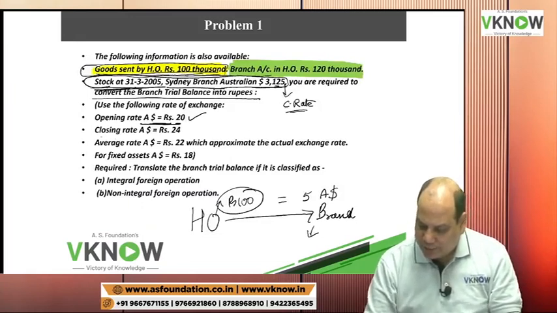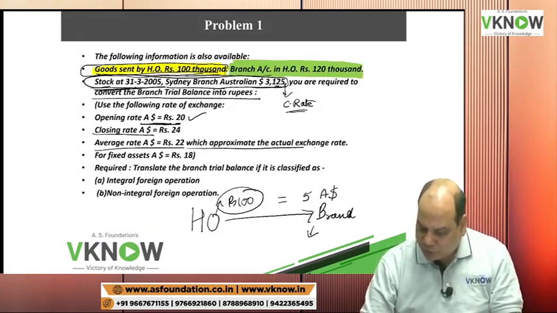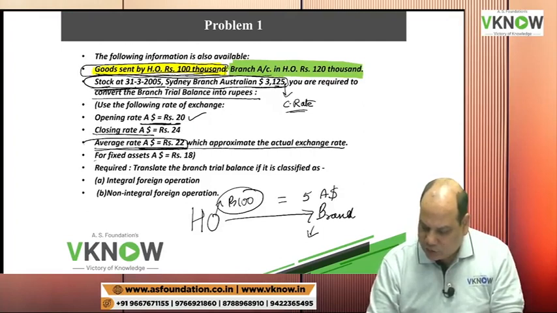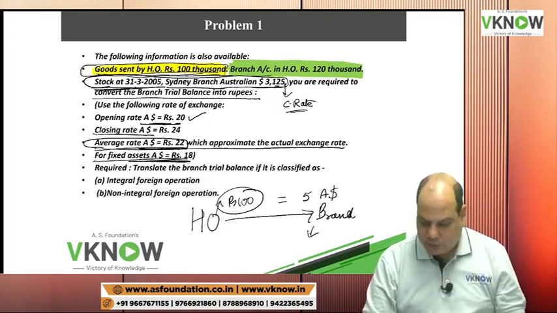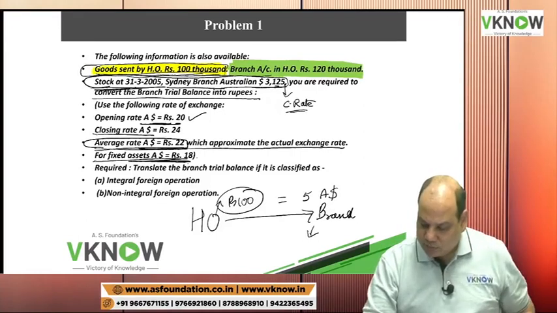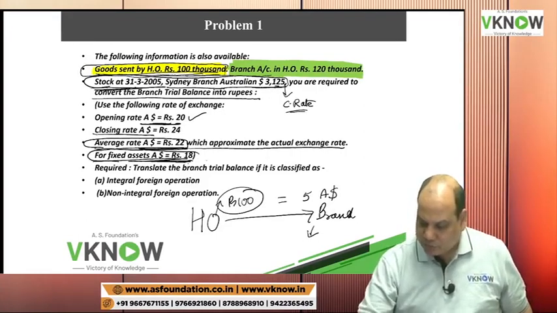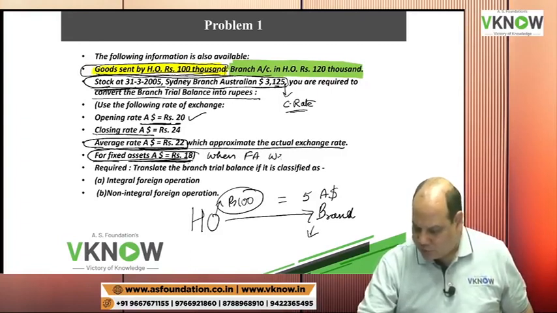Next, closing rate, and average rate, which approximates the actual exchange rate. So I will use the average rate for all sale and purchase items, and for fixed assets we will take 18 rupees, the rate when the fixed assets were purchased.